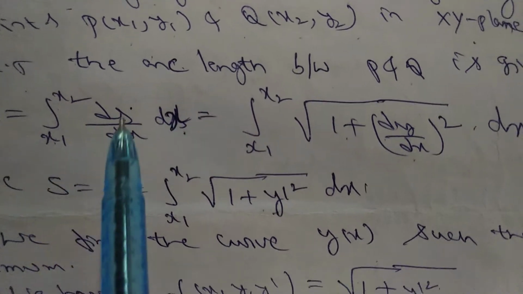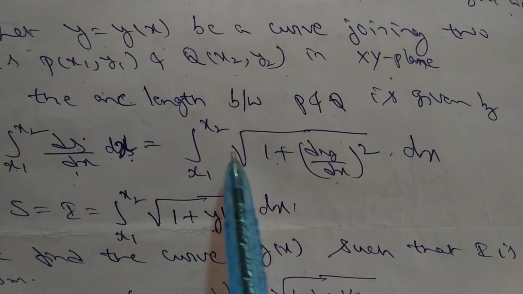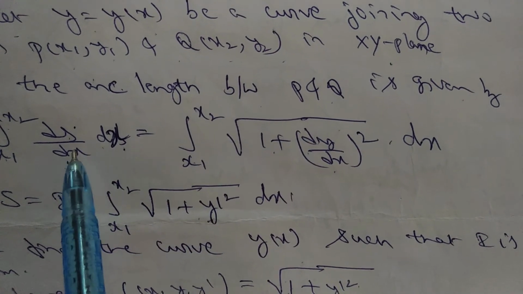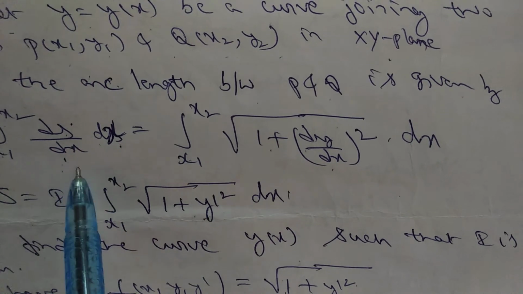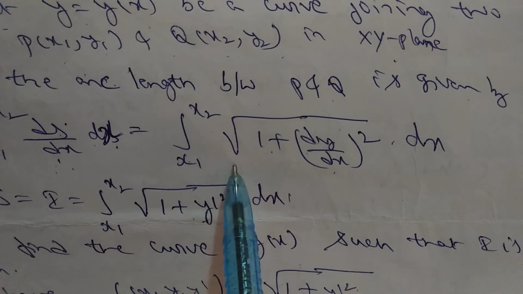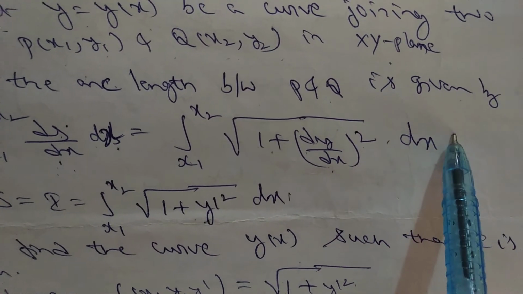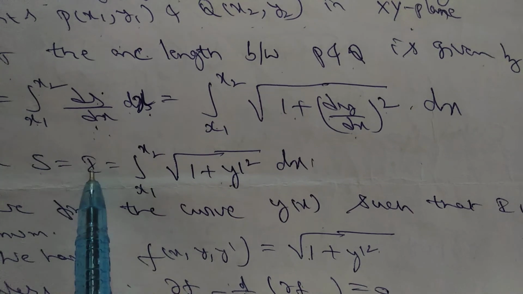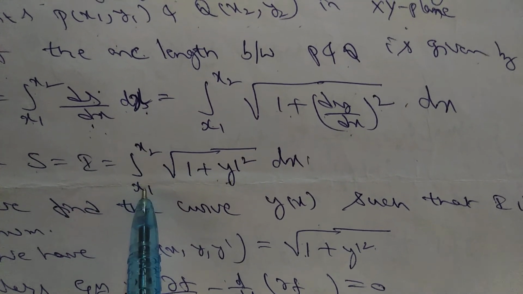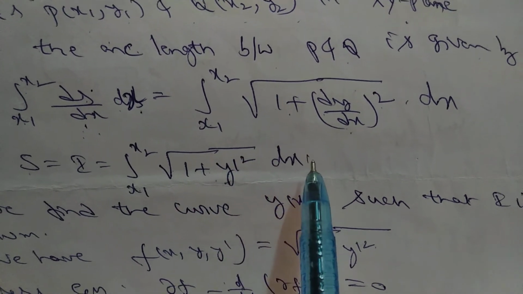S is the arc, ds by dx. That can be written as the integral from x1 to x2 of root of that formula. Derivation is not necessary now. So this ds by dx can be written as square root of 1 plus dy by dx whole square into dx. Or this can be written as S, that is I, is equal to the integral from x1 to x2 of root of 1 plus y dash square into dx.